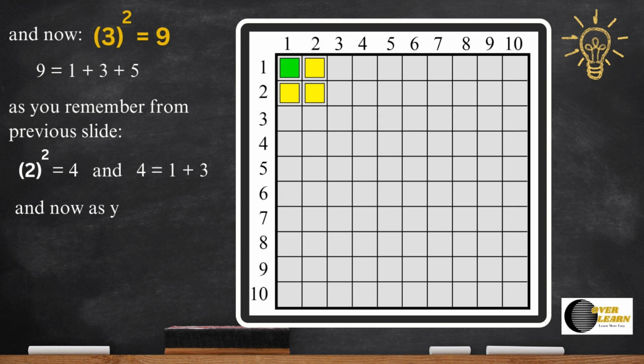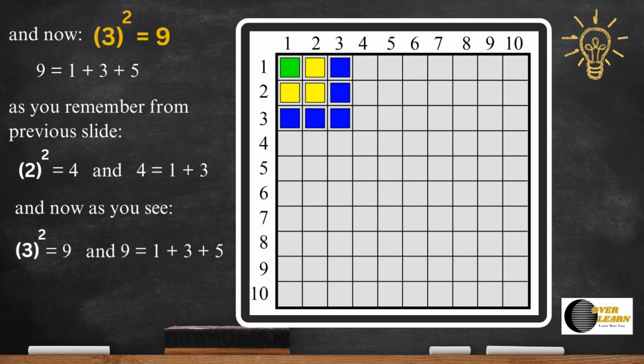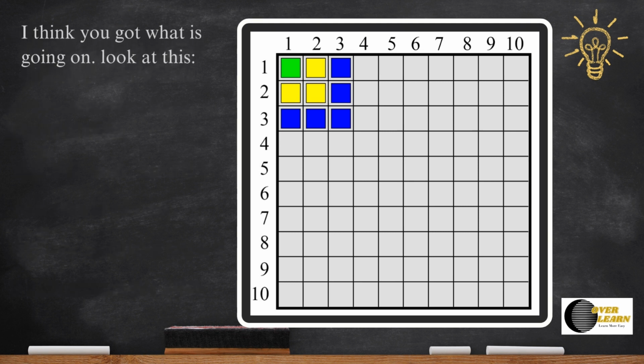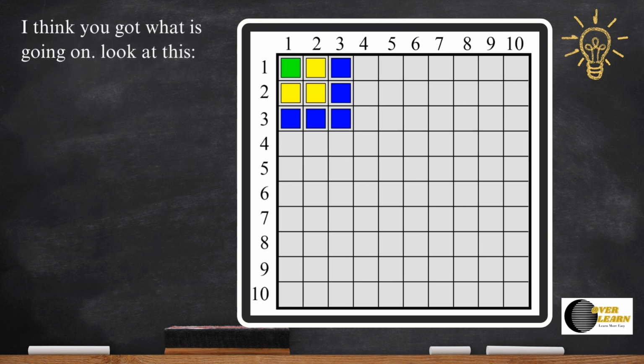And now, as you see, 3 power 2 is equal to 9 and 9 is equal to 1 plus 3 plus 5. Look at the table again. I think you got what's going on.